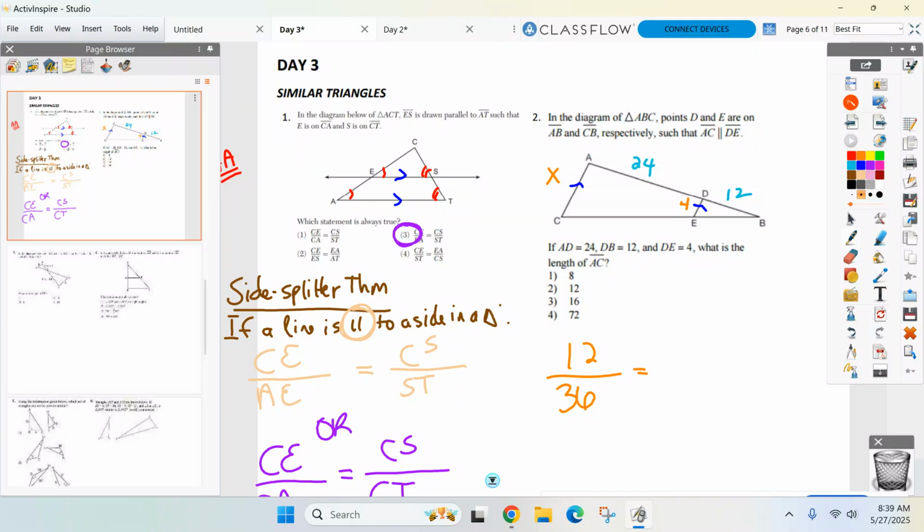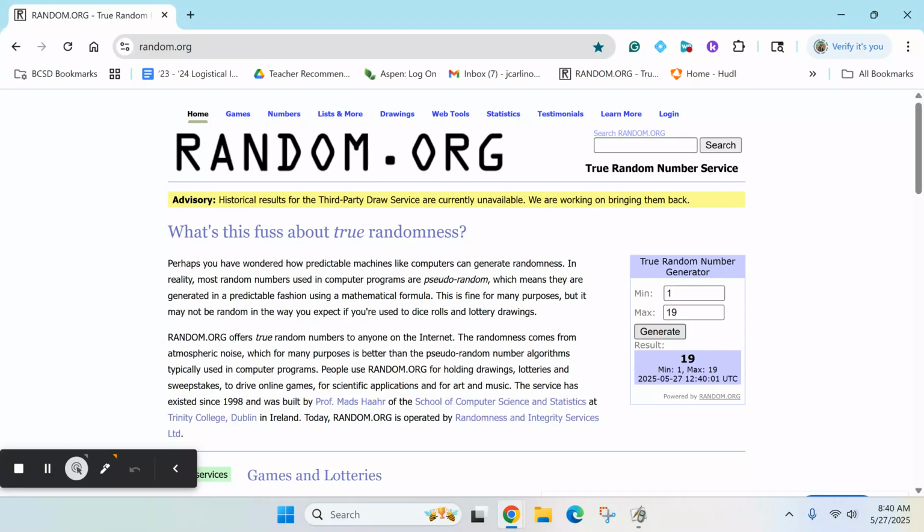And then I'm not even going to ask anybody. 4 over corresponds with side X. And there we go. And when you have X, let me know.